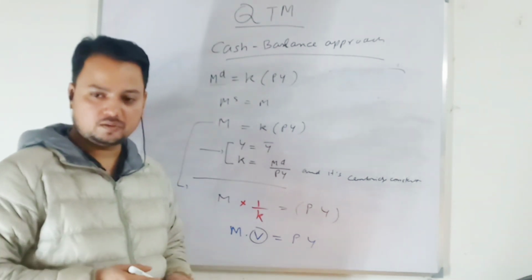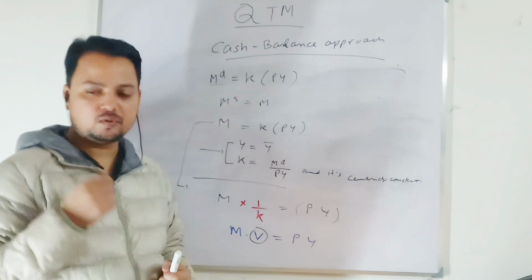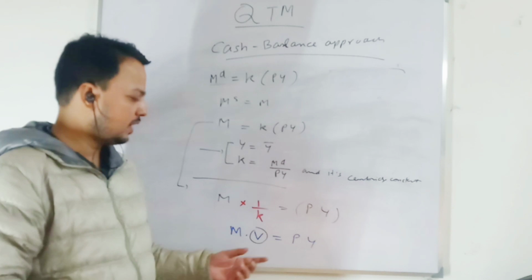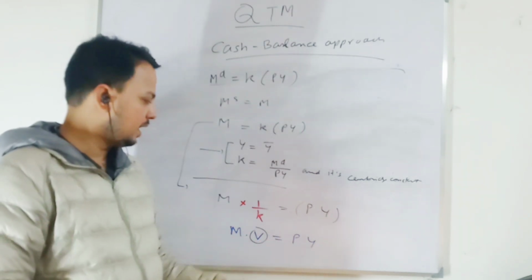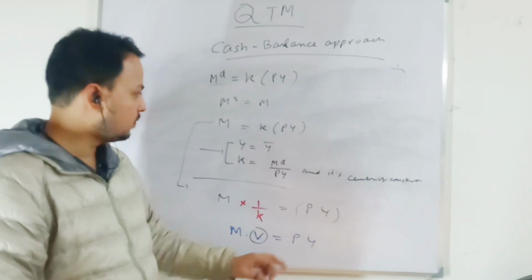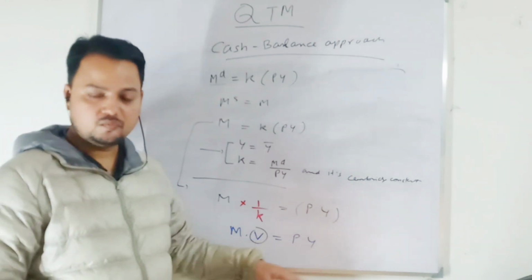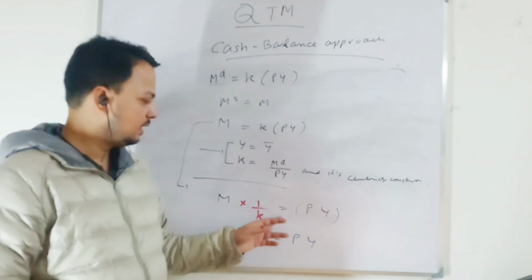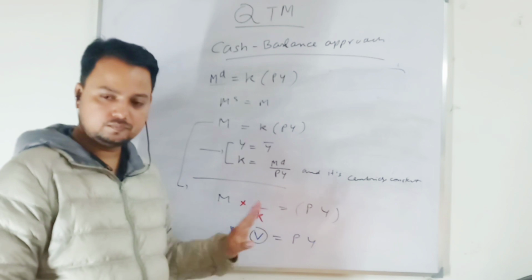Full input and output level, right? So determined from the supply side, in the long run. So I get a proportional relationship between these two in the long run. Okay, next, in the velocity formulation, we talk about the long run, right? Here we are talking about the short run.